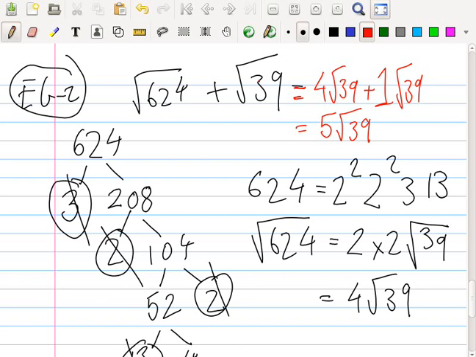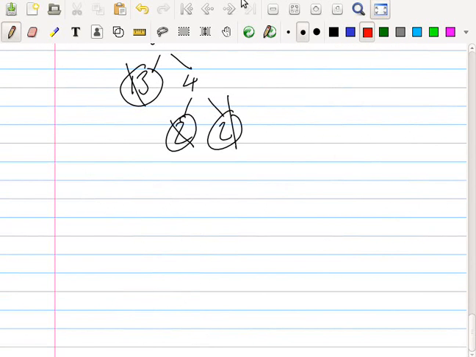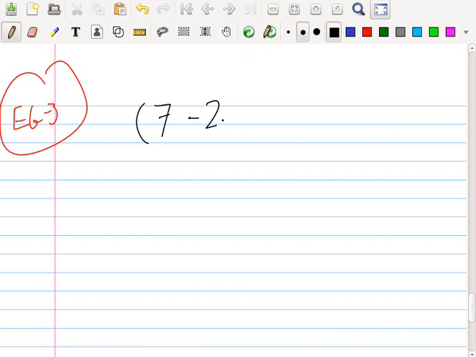Okay. So example 3. I'll do the second one. So I'll do 7 minus 2 root 5 times 6 minus 6 root 5.